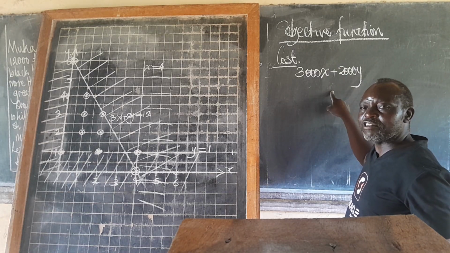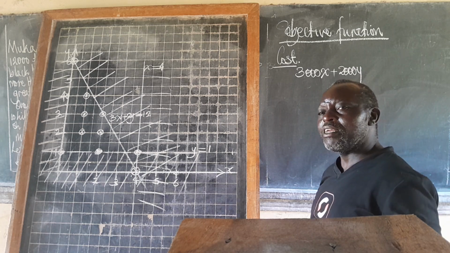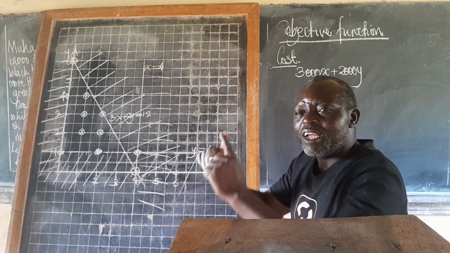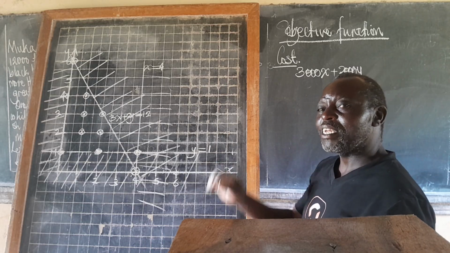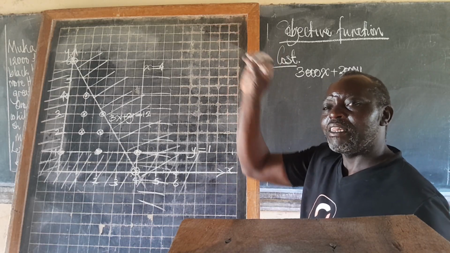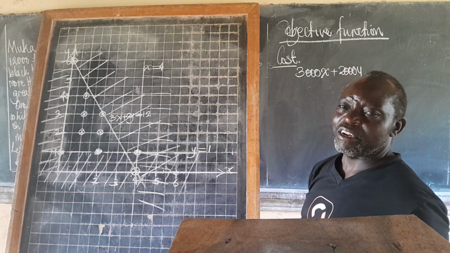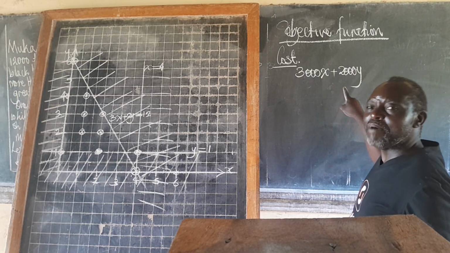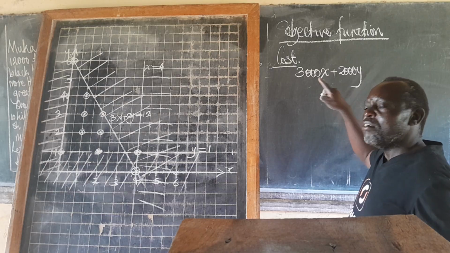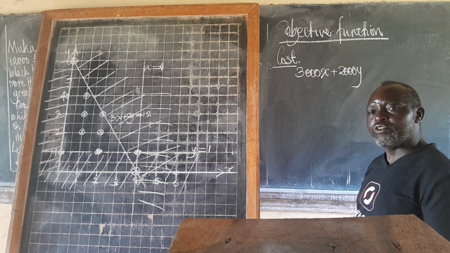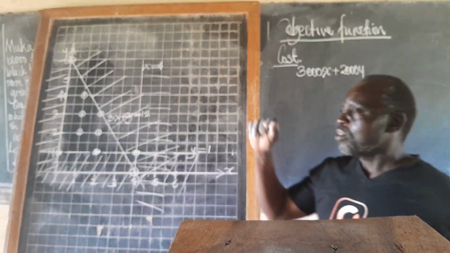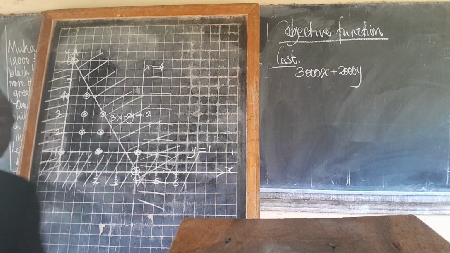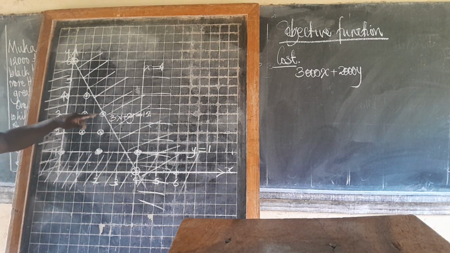It's going to help us because we are asked to get the maximum amount and the least amount we can use. Remember the other time we talked about the maximum and the minimum of the objective function. When we are looking for the maximum or the minimum of the objective function, we have to use the vertex points.